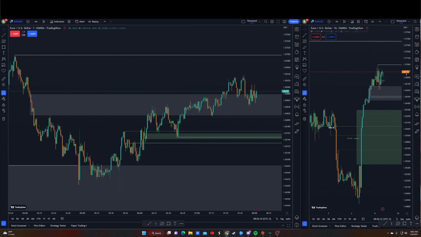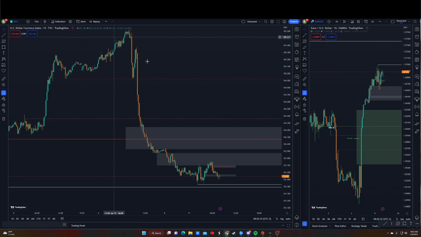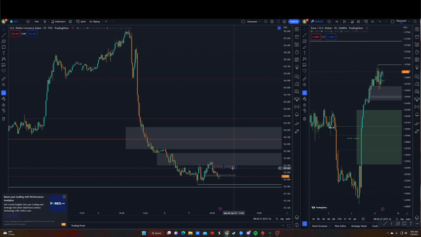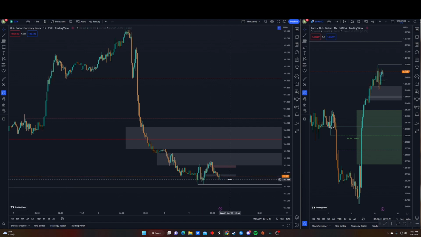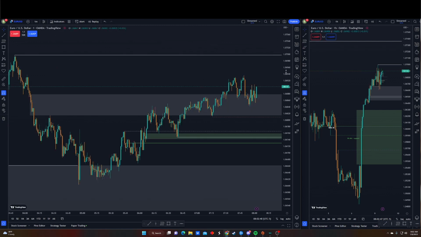Also, on my second screen, I'm keeping a close eye on dollar to see if we get up into that fair value gap. Right now, we're dangling inside that. But we could be bullish here as well. 8 a.m. just opened. So we'll see.